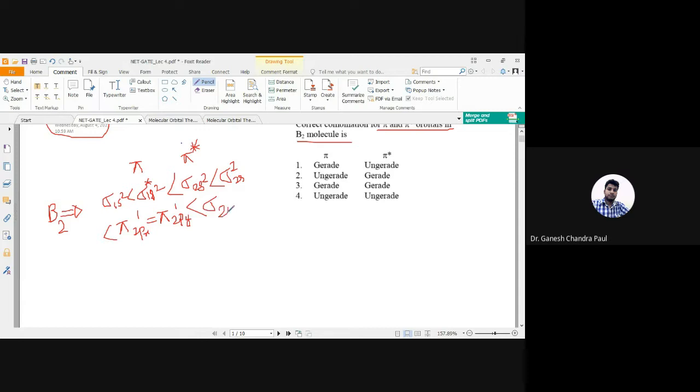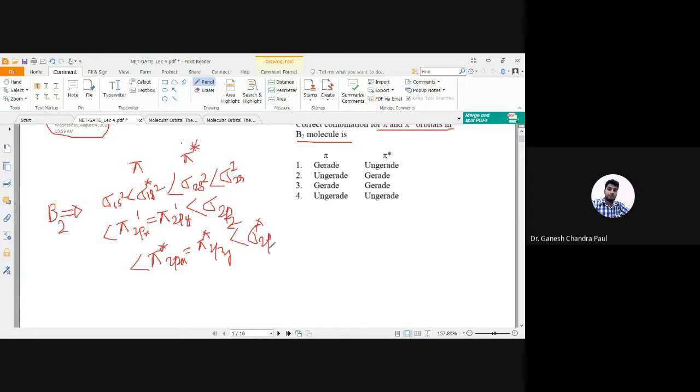Then sigma 2pz, then pi star 2px and pi star 2py, pi star 2px equals pi star 2py, then you have sigma star 2pz.